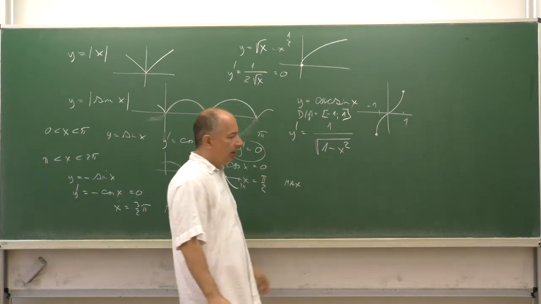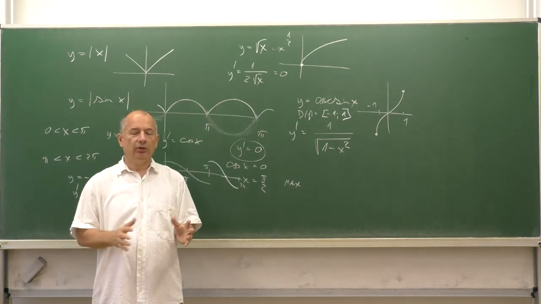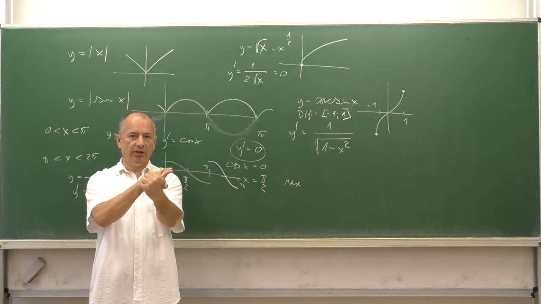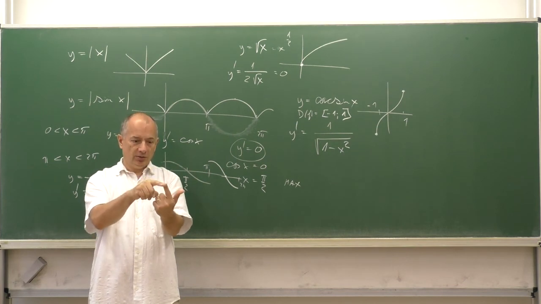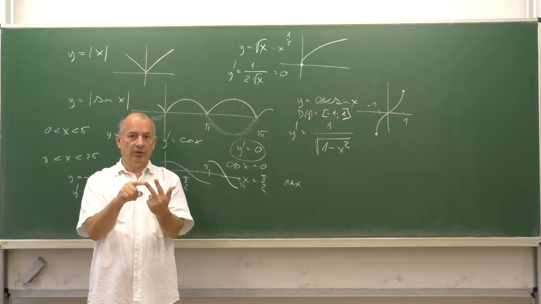So how to conclude this case? We have a function, and we find all the possible candidates for extrema. That means points where the derivative is equal to 0, points where the derivative does not exist, and points that are at the end of the domain of definition, if such points exist.